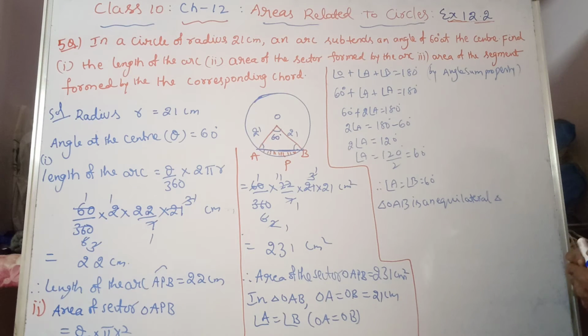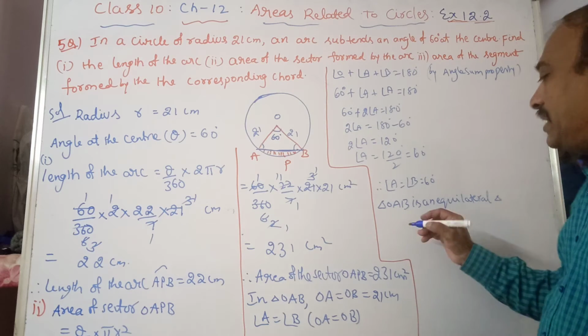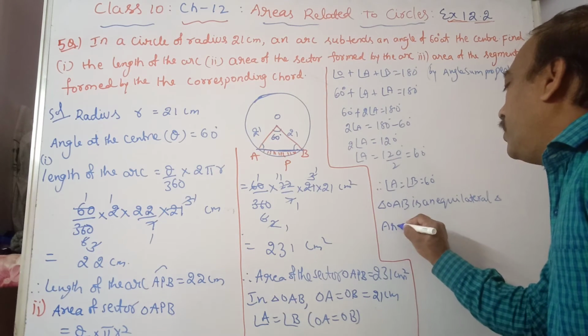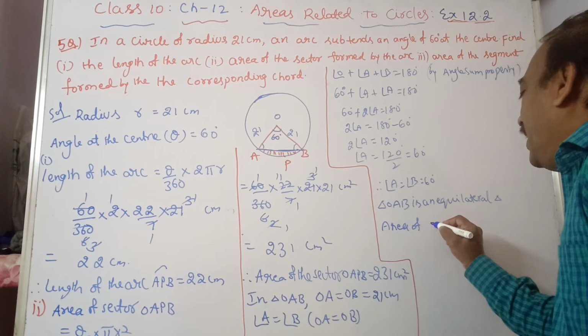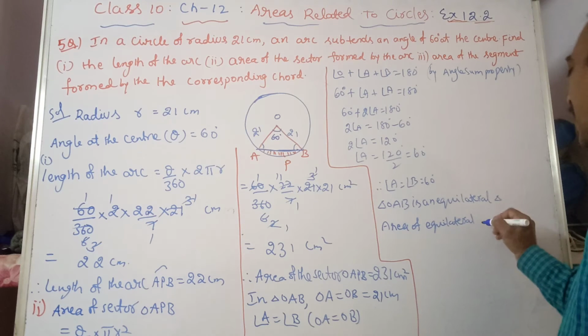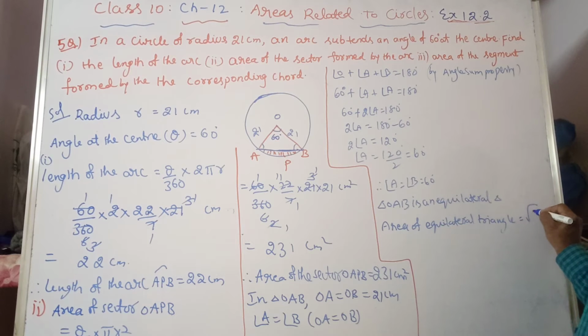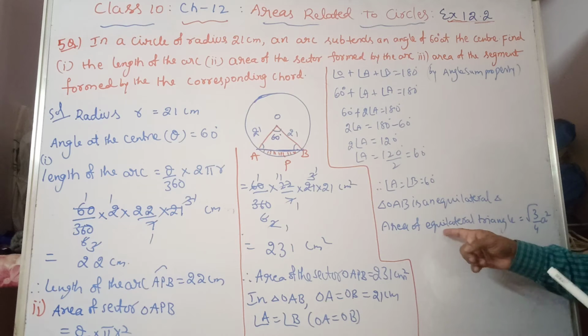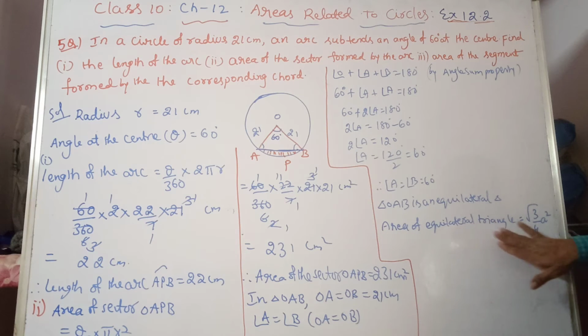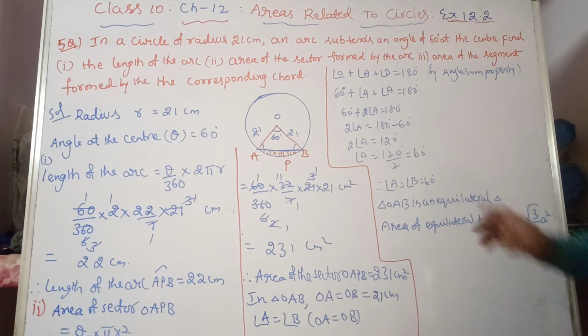We know the area of an equilateral triangle formula: root 3 by 4 a square, where a is the side of the triangle.